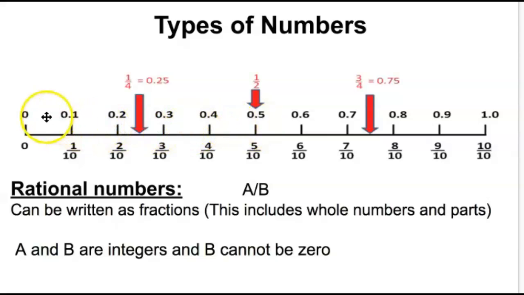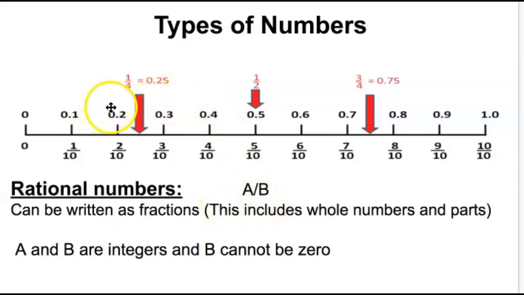In between, you can see this is the number 0, and this is the number 1. In between 0 and 1, there are an infinite number of decimals, an infinite number of fractions. If a decimal can be written as a fraction, those are called rational numbers. If you can write a number as a being divided by b, which is a fraction, that's called a rational number.